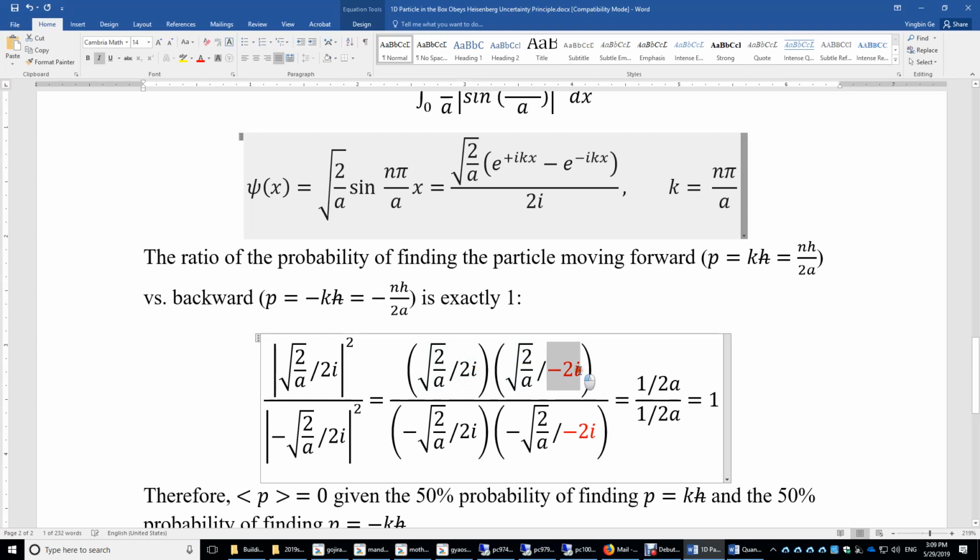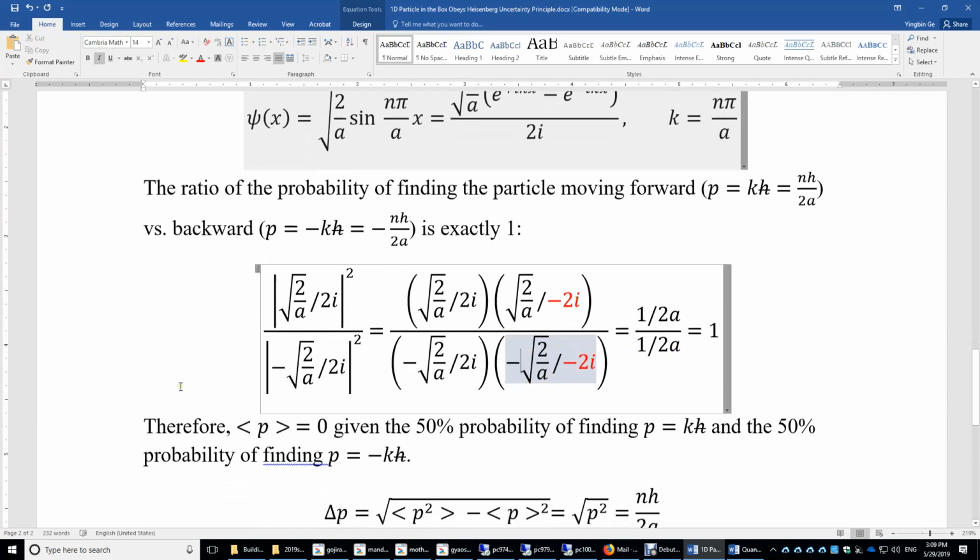So that's what I did here. And similarly, on the bottom, I have this squared modulus of a complex number. Therefore, I'm copying this number here, and then I replace this i with negative i. On top, you will see the product is 1 over 2a. On the bottom, you will see the product is also 1 over 2a. So the ratio is 1.